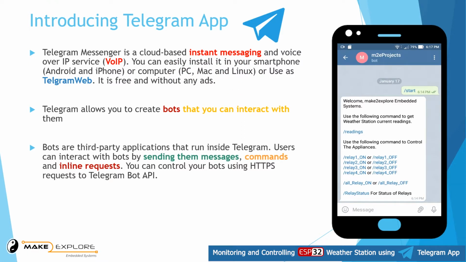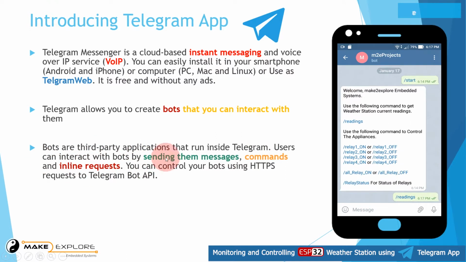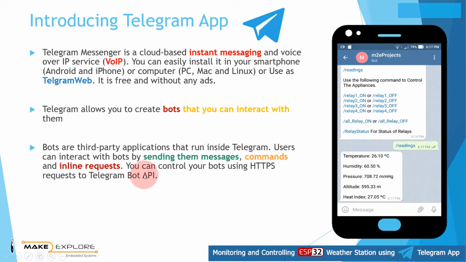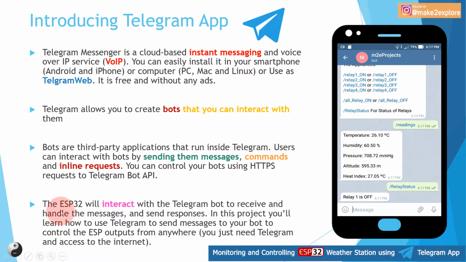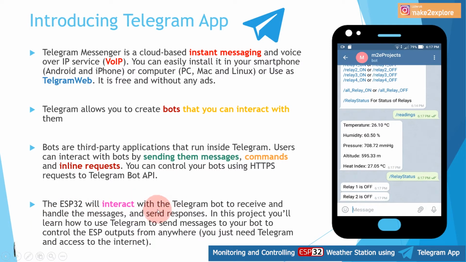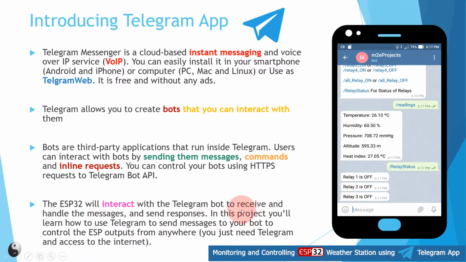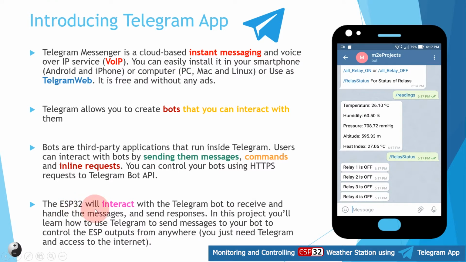Bots are third-party applications that run inside Telegram. Users can interact with the bots like sending them messages, commands and inline requests. You can control your bots using HTTPS requests to Telegram bot API. You can see here. So ESP32 in this project will interact with the Telegram bot to receive and handle the messages and send the responses.